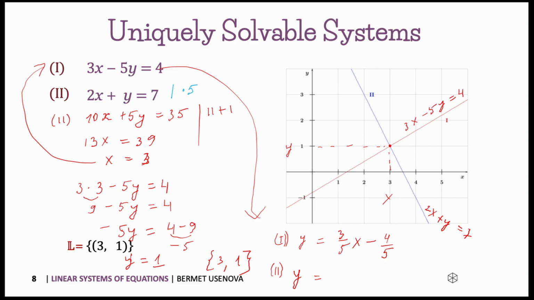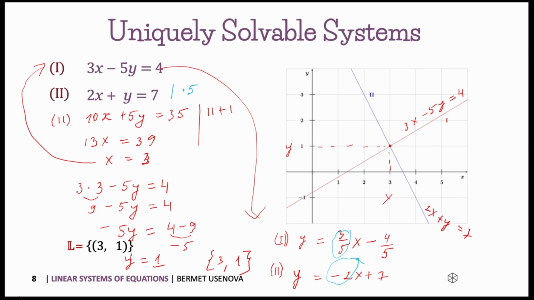Here we don't have to, so that will just give us minus 2x plus 7. So as you can see, the slopes are different and the two lines intersect in our unique solution.